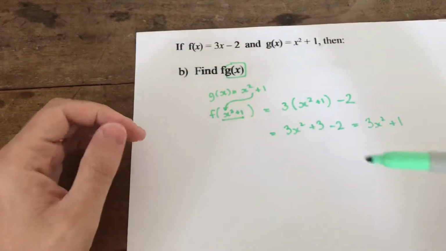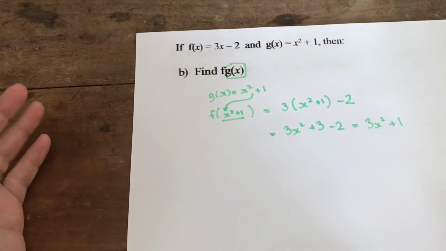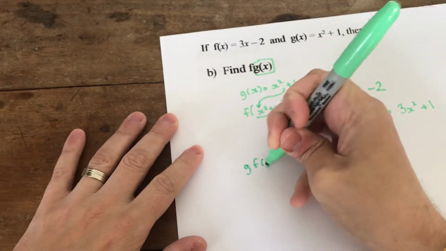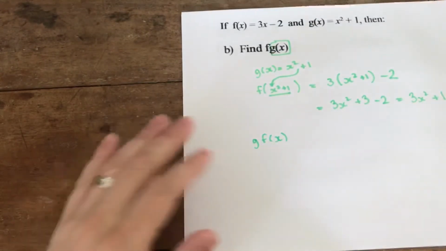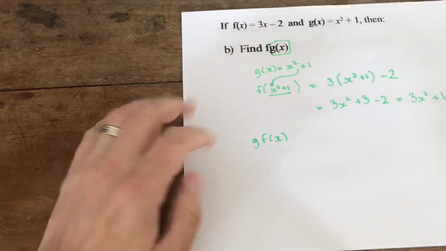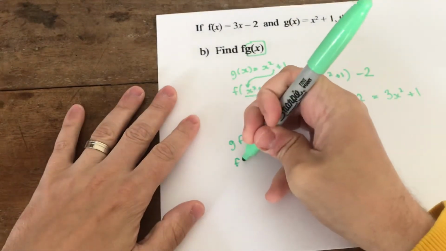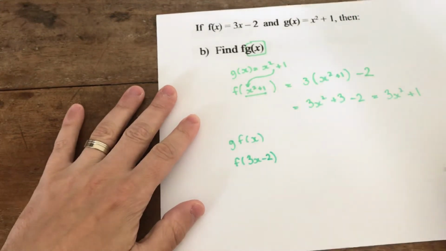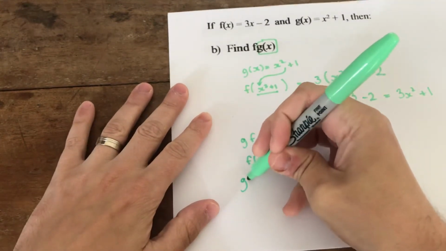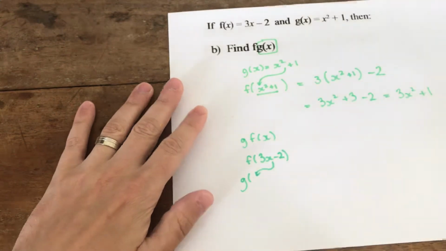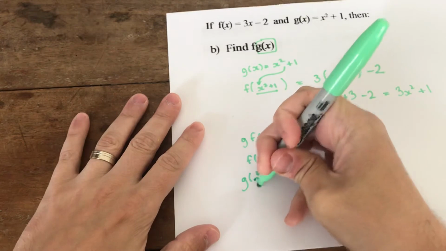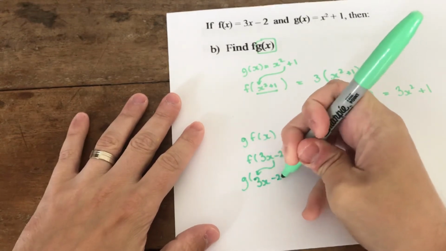Now, again, if I did this in the other order, I would get a different function. So if I was trying to work out g f of x, doing the function notation the other way around, f of x is 3x minus 2. What I would then have to do is put that into g, which is g of 3x minus 2.